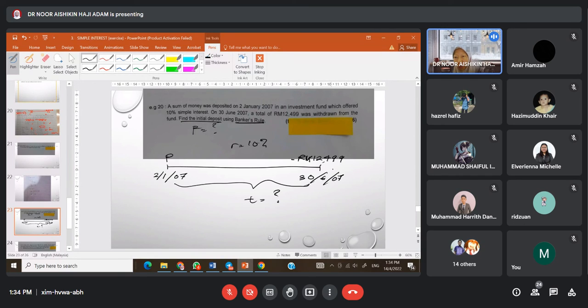And a total of 12,499 was withdrawn from the fund. Okay, apa ni? 12,499 ni apa? Is that S? Yes.